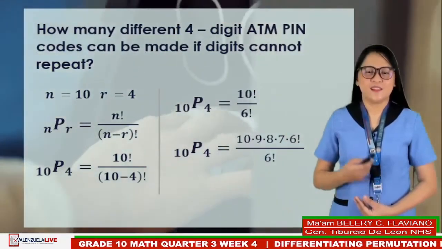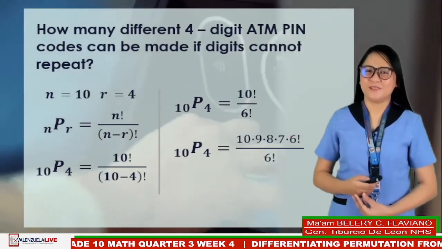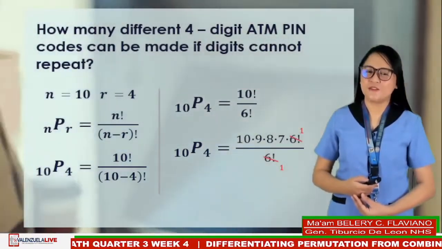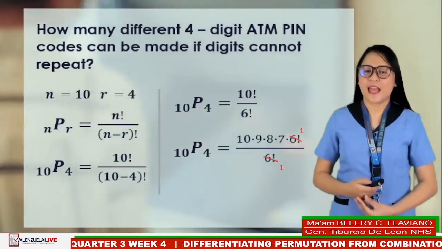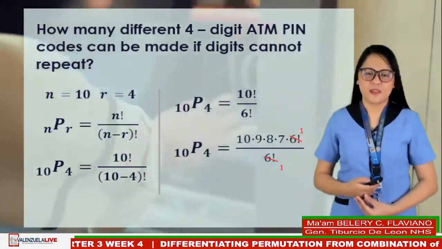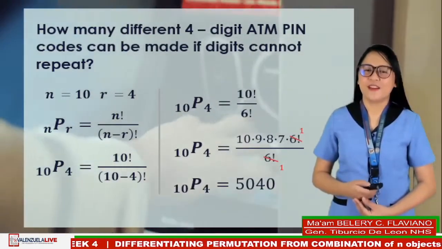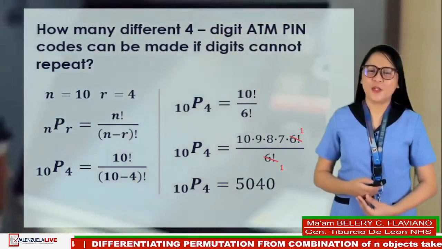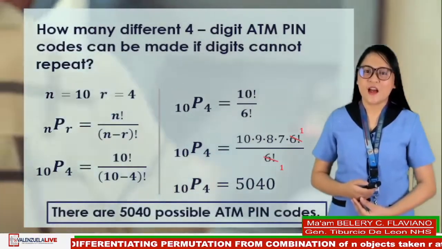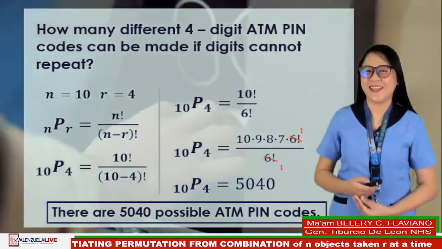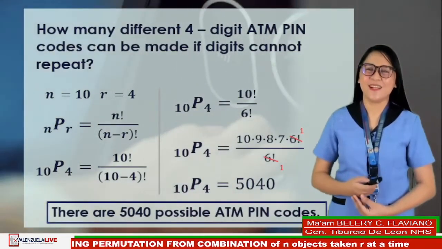Then, divide out 6 factorial. Okay? Finally, multiply the remaining factors, which are 10 times 9 times 8 times 7. And we will have 5,040. Therefore, the answer is 5,040 possible ATM PIN codes. Okay? Let's have the next one.